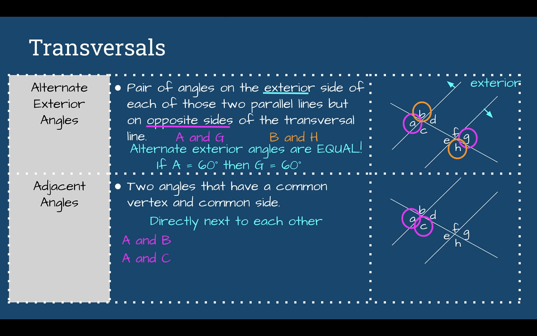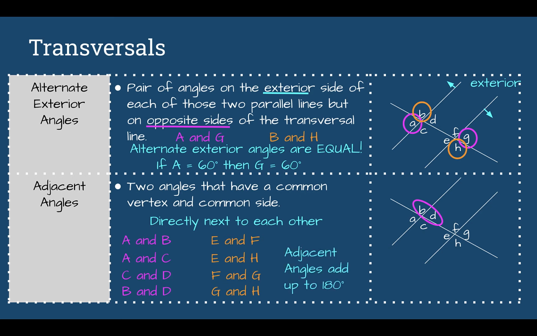In each place where the transversal intersects those parallel lines, there are a bunch of different adjacent angles. So in addition to A and B or A and C, I could have also had C and D, or B and D. Or using the other parallel line, I could have had E and F, E and H, F and G, or G and H. Again, they are around that place where the parallel lines intersect the transversal.